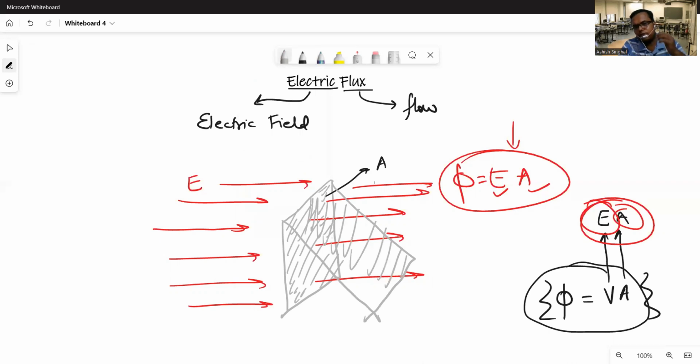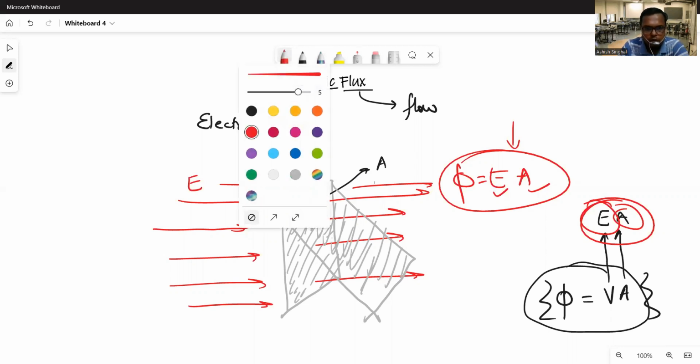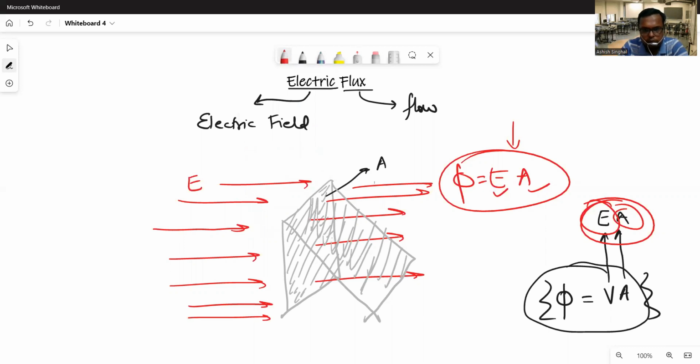Do you think the number of field lines that are crossing this particular area is the same? Maybe not. Because if we talk about this area, I believe some of the field lines would not be able to pass through. So let's say there was a field line like this. So it would have crossed this particular region, but it may not have been able to cross this region.